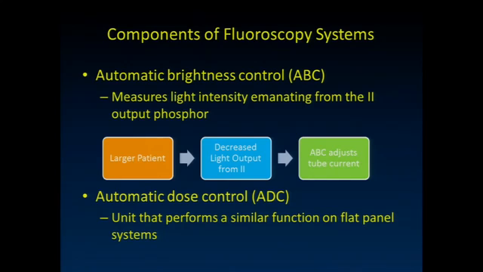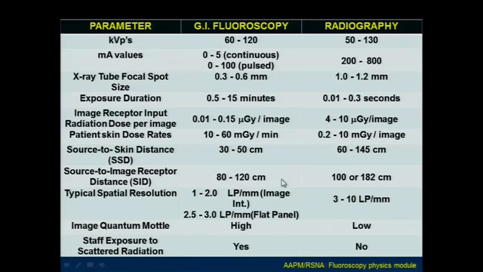In other words, it increased the dose to the patient. The automatic dose control unit is somewhat of a similar thing in the digital systems, where it's going to adjust the dose to make sure that that stays fairly constant. Just notice these parameters relative to radiography here.